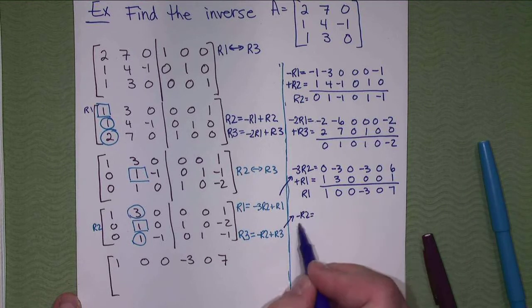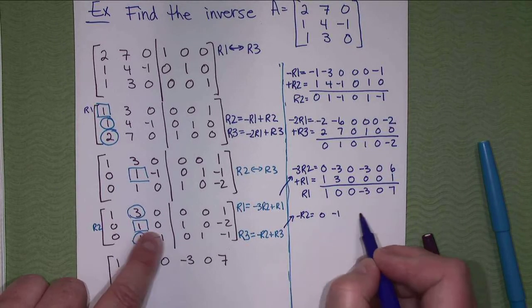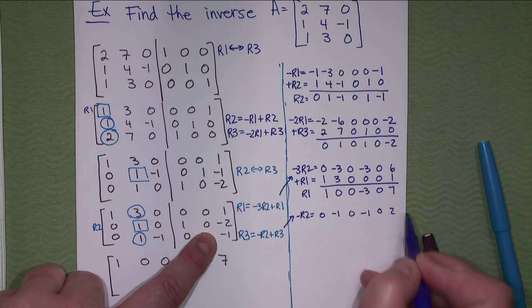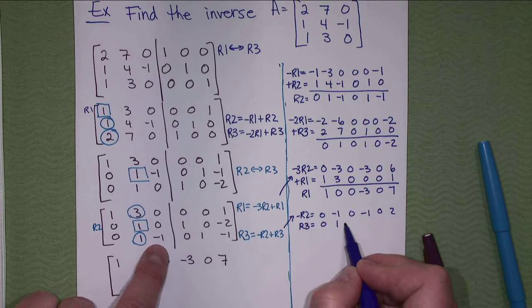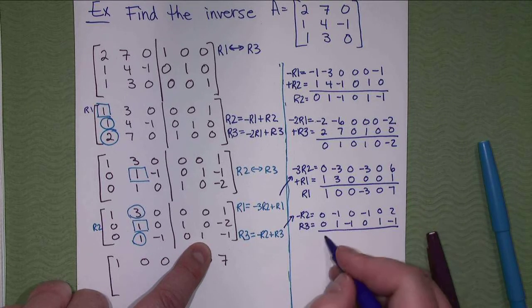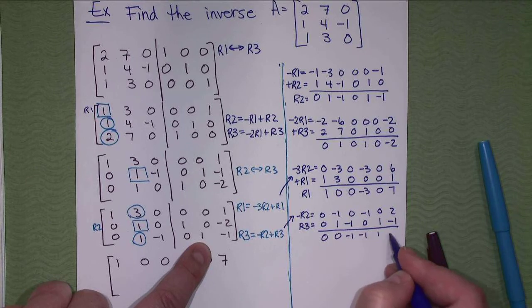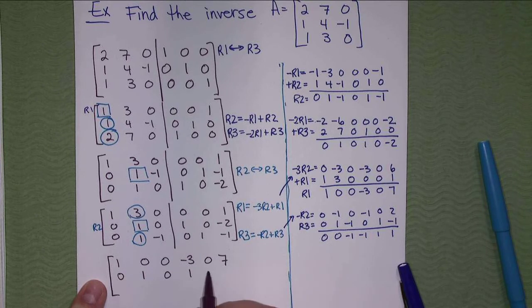So 0, -1, 0, -1, 0, 2, and add that to row 3. And that's my new row 3. Nice.